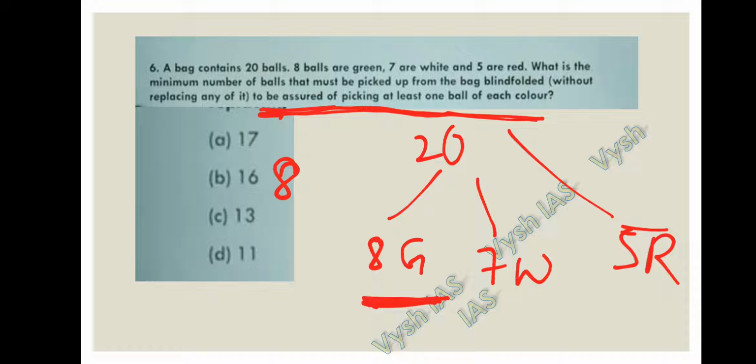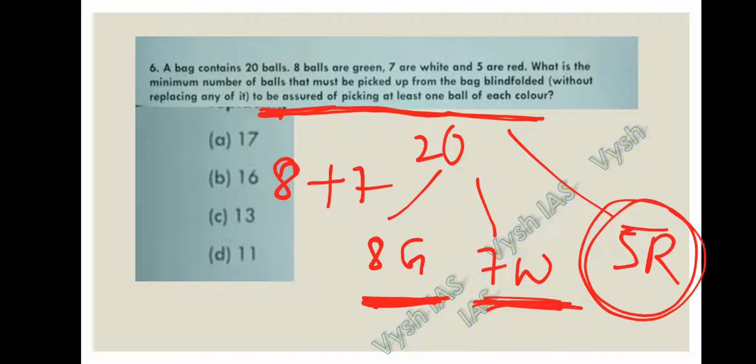In the 9th chance it is obvious that white will be picked up. There are 7 whites, but after 8 plus 7, that is 15 chances, the 16th should obviously be the red one. So if you are picking up for the 16th time, it will obviously be red. This is the ideal condition.